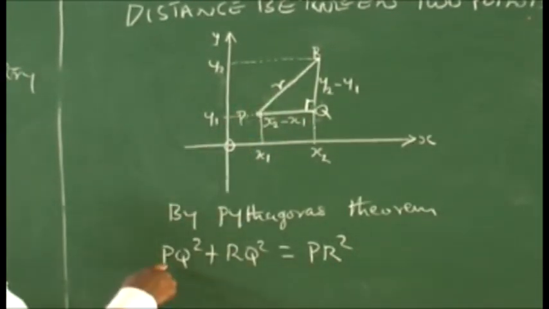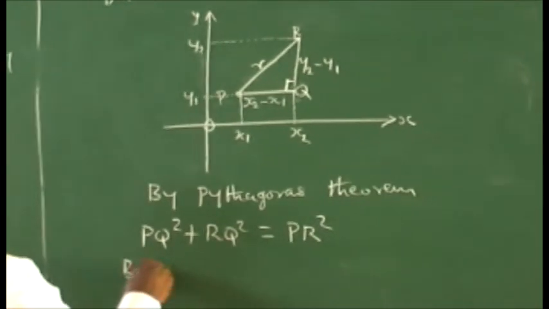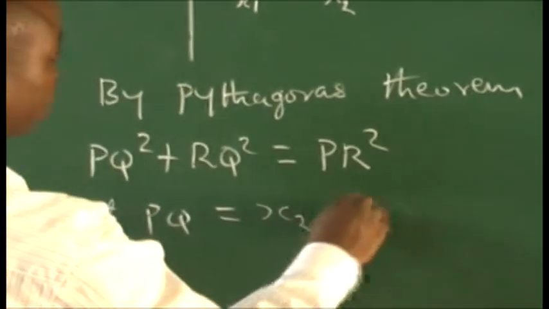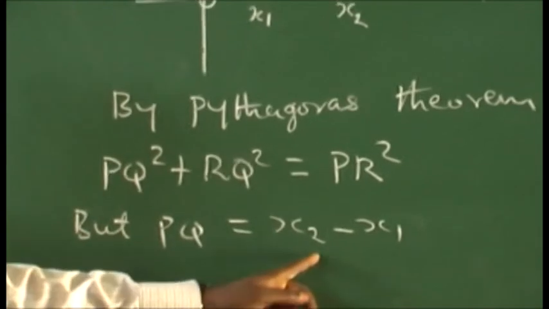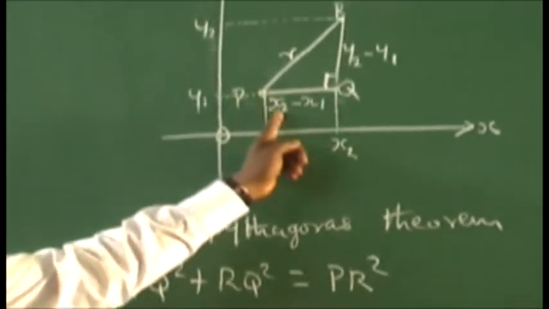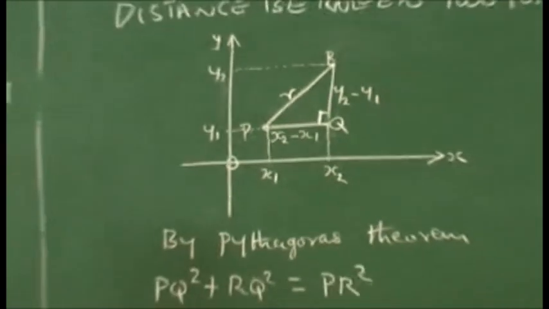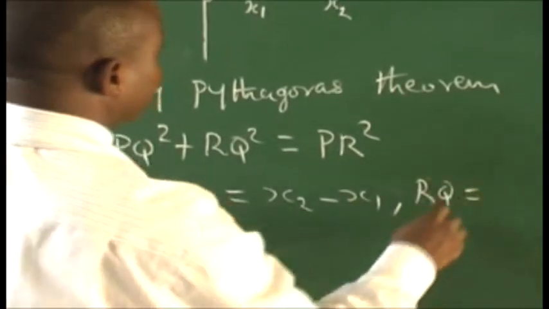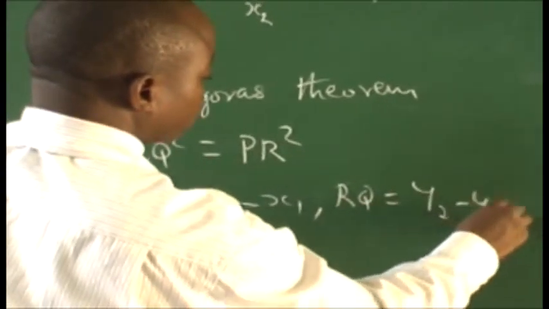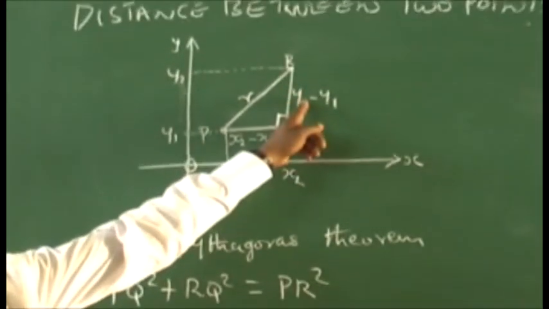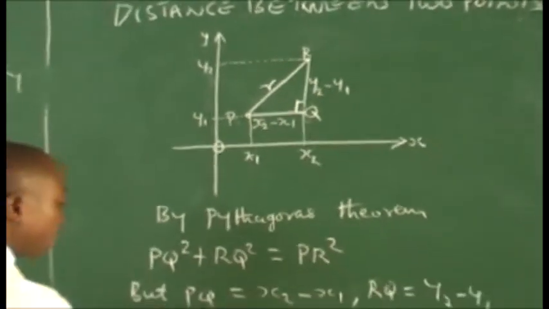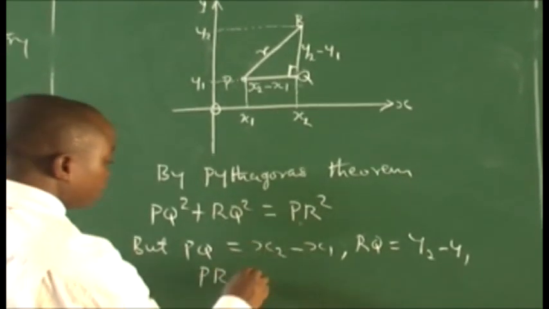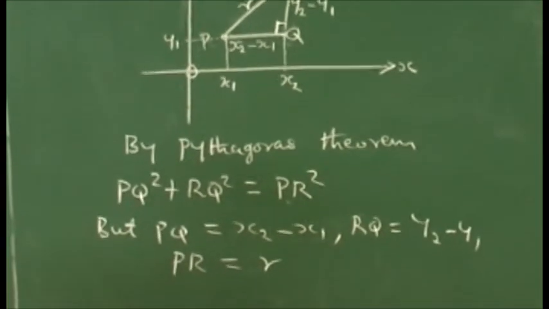And so, PQ is equal to x2 minus x1. Look at it. This is the same thing as here. And we also know that RQ is the same as y2 minus y1. We are representing it there. And then PR is the same thing as r. So let's go back to this.